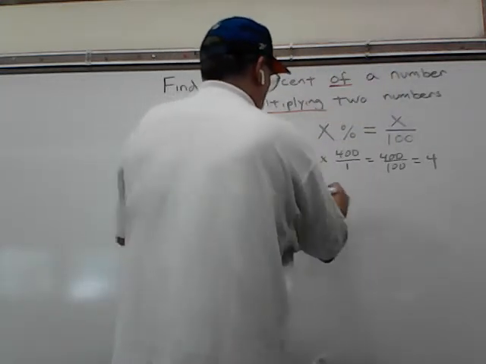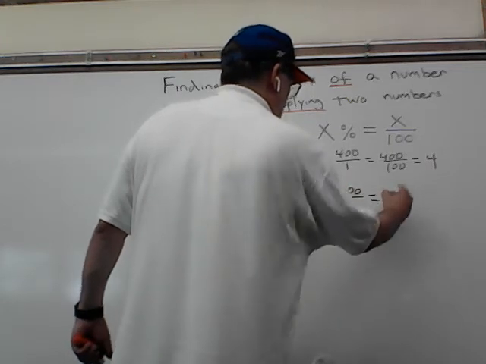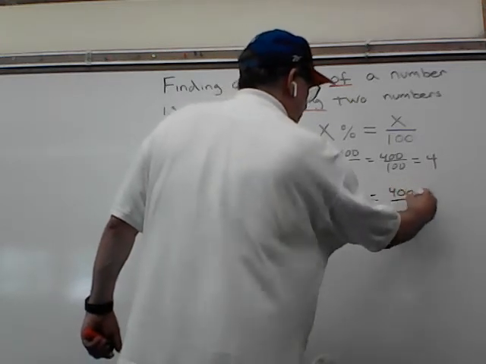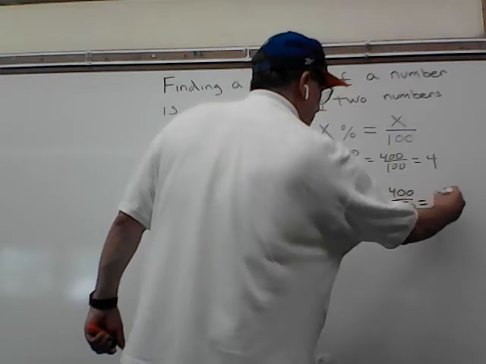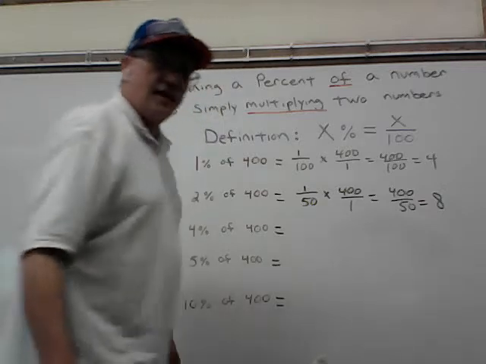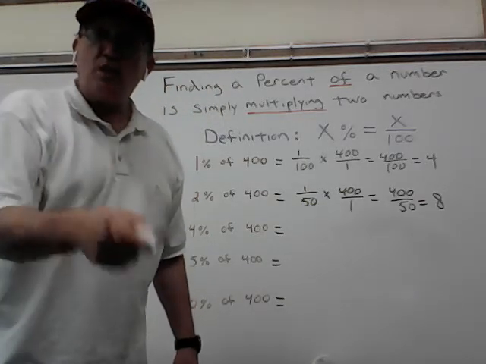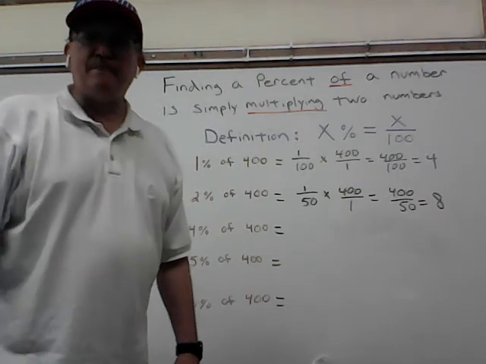So now, 400 over 1, multiplying across the top and bottom, 400 divided by 50, and that's the same 8 that we got before. To find 2% of a number, you can divide it by 50.